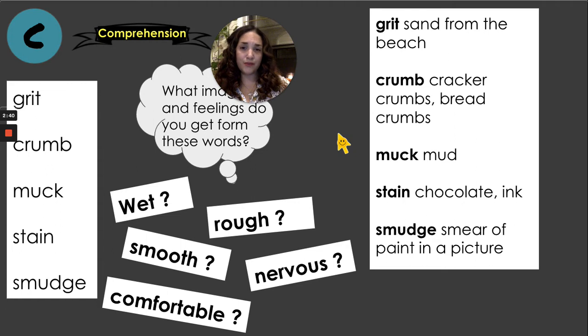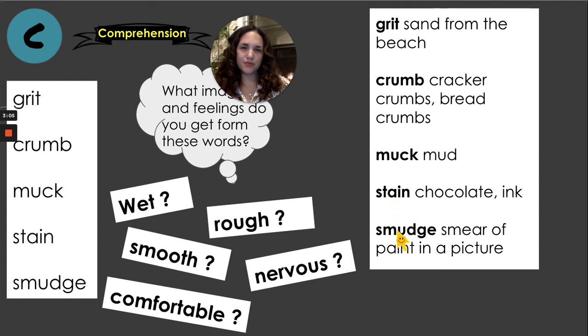We have crumb, like a cracker crumb or a bread crumb. We have the word muck, which talks about mud. And the word stain, which means when you have a stain in your clothes, either from chocolate, from ink. For example, when you have to go to the laundry to clean out those stains, right, from your clothes.